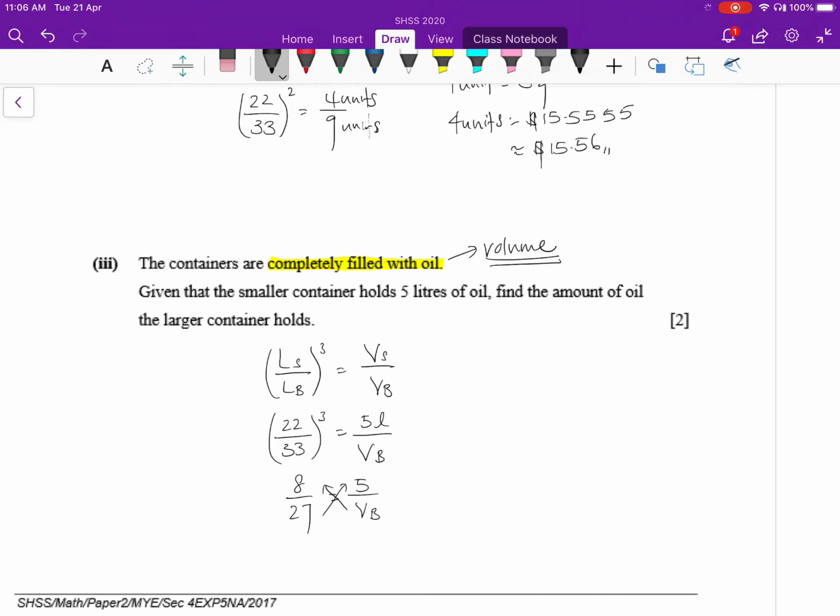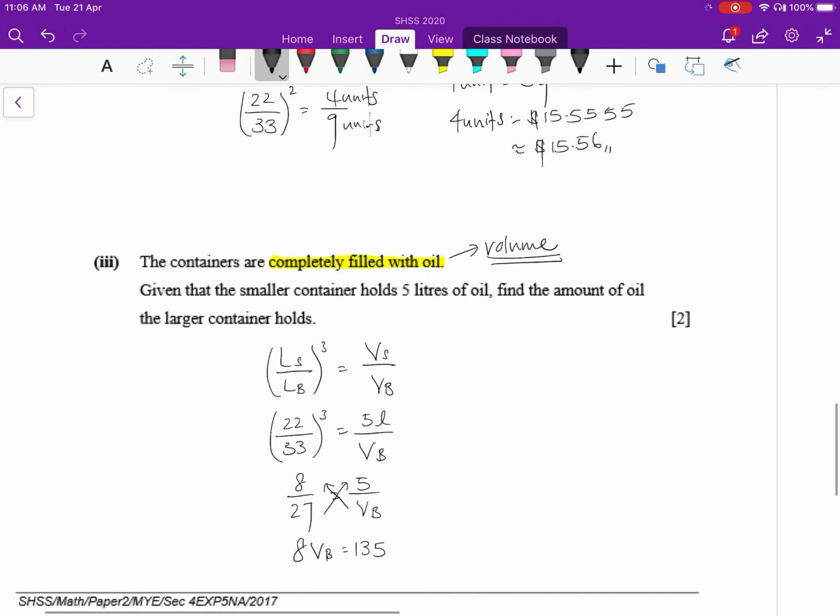Cross multiply. 8 times volume of big is 135. Volume of big is 135 divided by 8, which is 16.875. Now this answer is exact, so we don't round off. So the volume of big is 16.875 liters.